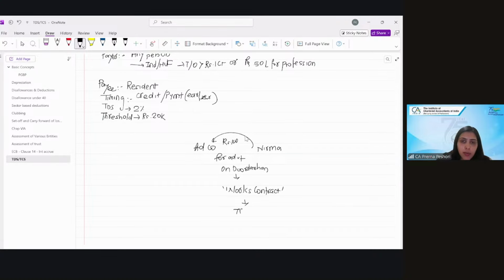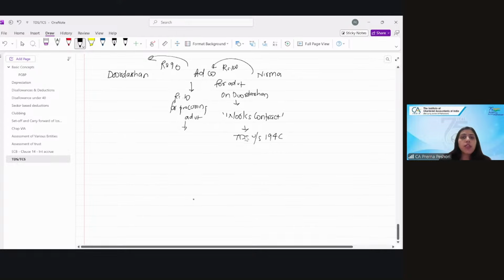So here there will be TDS under section 194C. When Doordarshan gets 90 rupees, the ad company retains the 10 rupees for procuring the ad. So on this, the CBDT circular says no TDS.